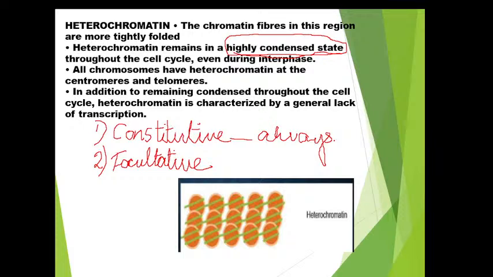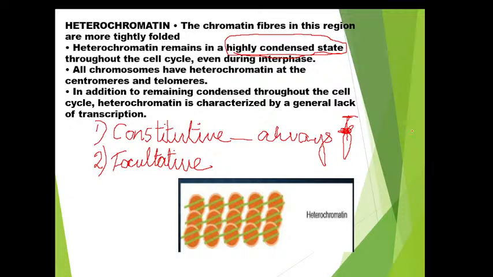The examples of constitutive heterochromatin, as we learned in the previous class, are the centromere. The chromatin found at the centromere and telomere are constitutive. So the chromatin found at the centromeric region and at the tip of the chromosome are always in a heterochromatic condition.